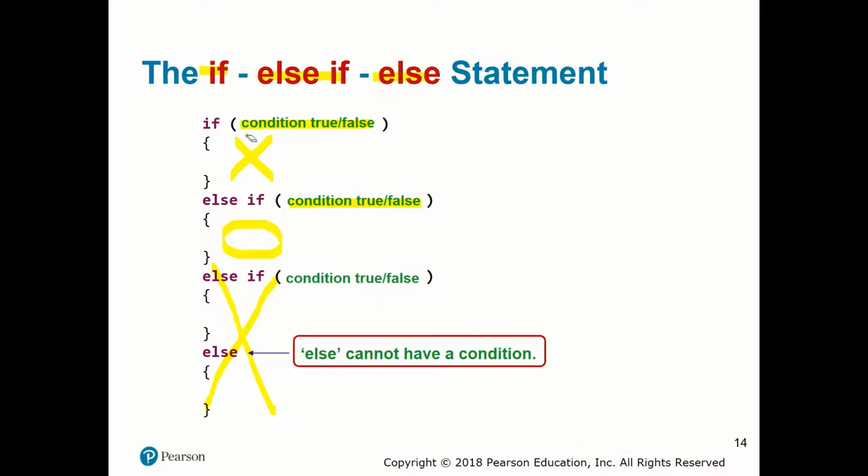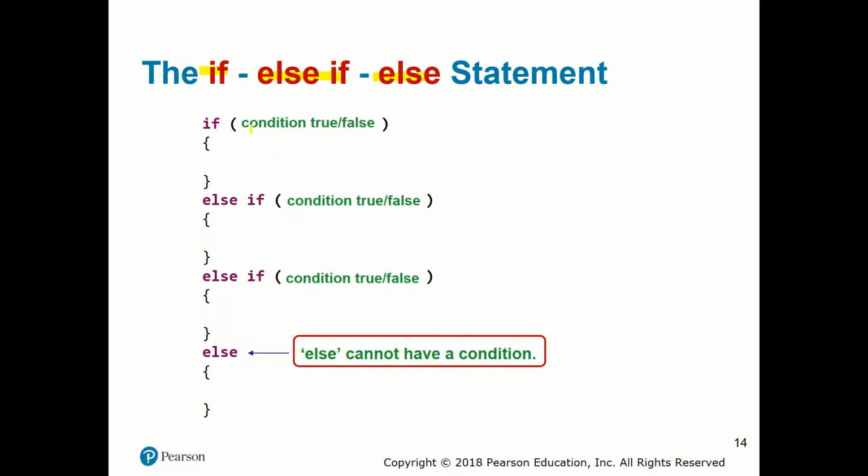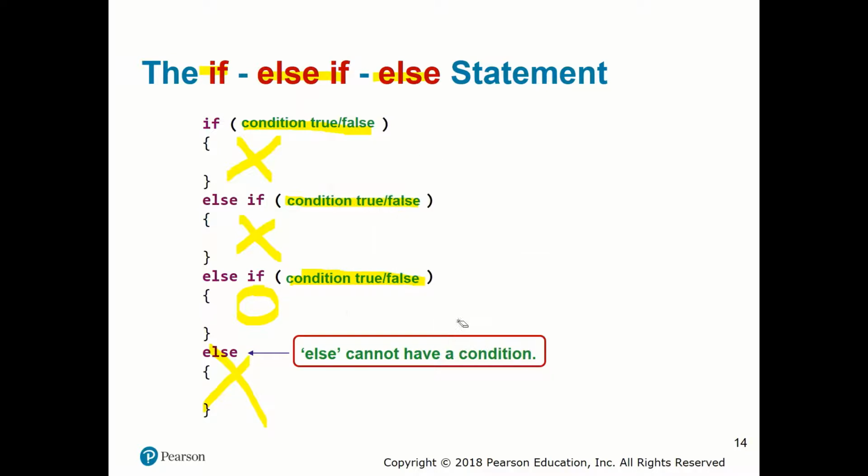And likewise, if this is false, then skipped here. If this is false, then skipped here. If this is true, then this part will be executed and the else part will be skipped. I think now you get the idea of this one.